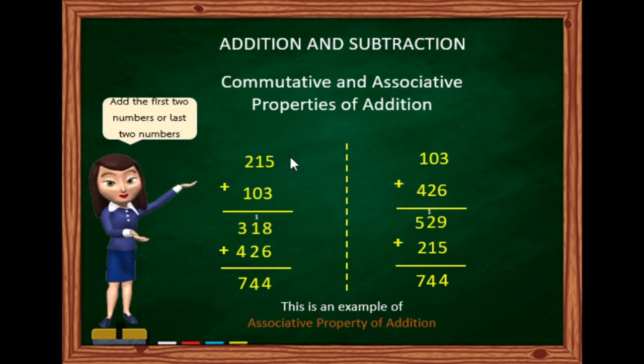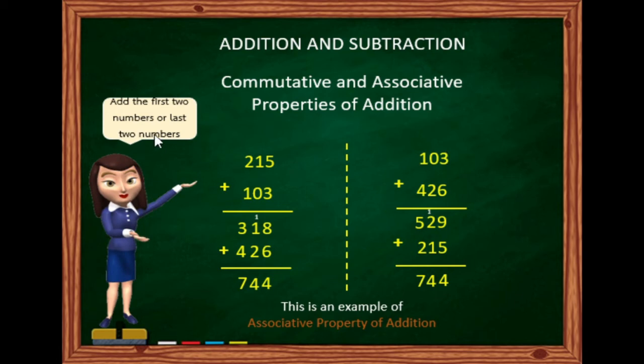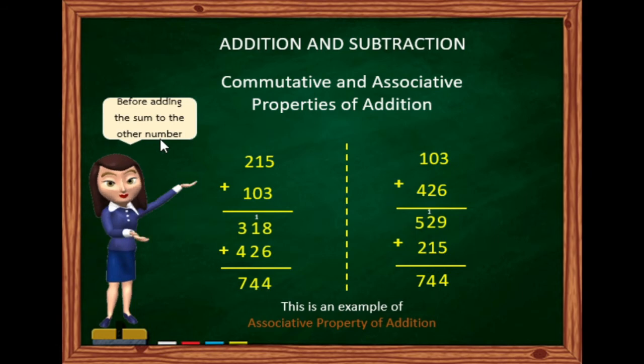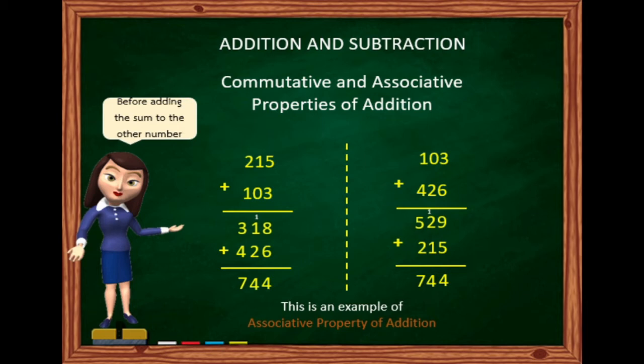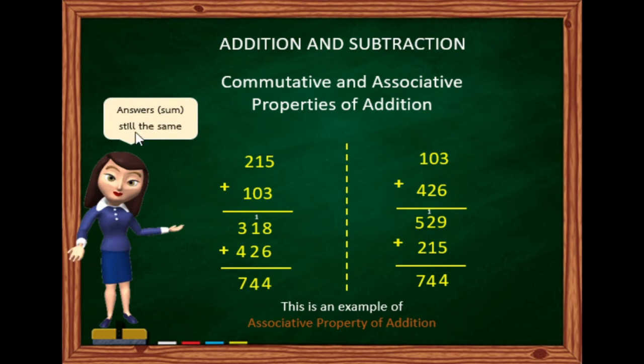So it's 215 plus 103, and here it's 103 plus 426. Before adding the sum to the other number, you can change the arrangement of the numbers you add first before you add to the next number. But the answers are still the same.